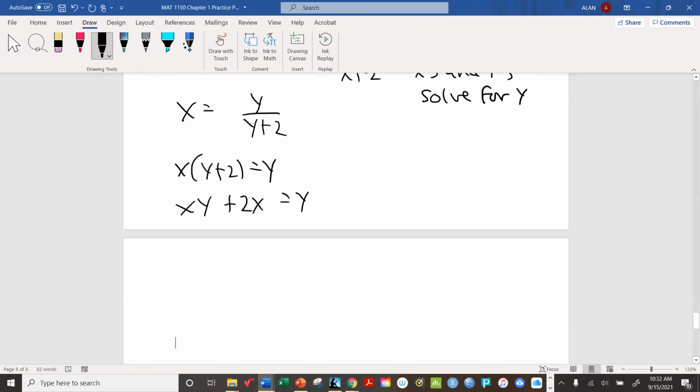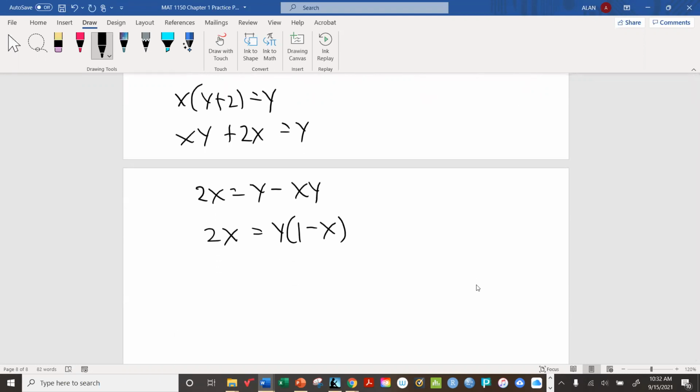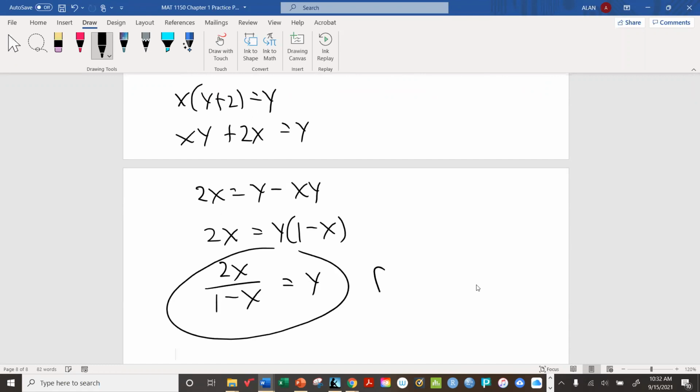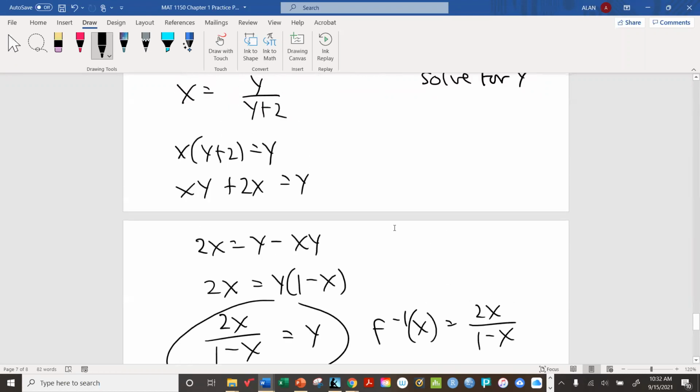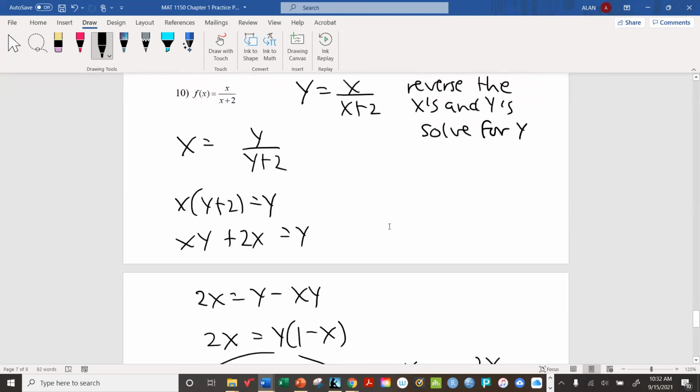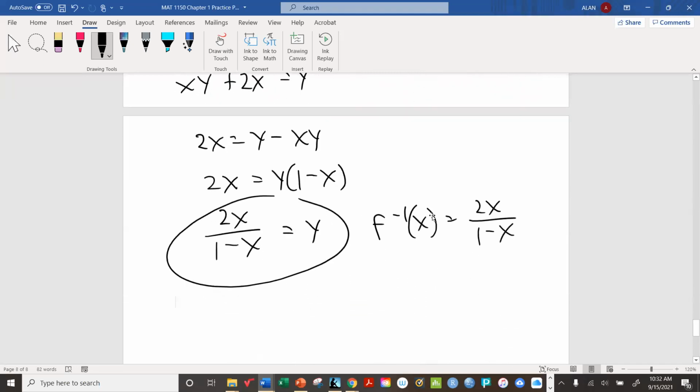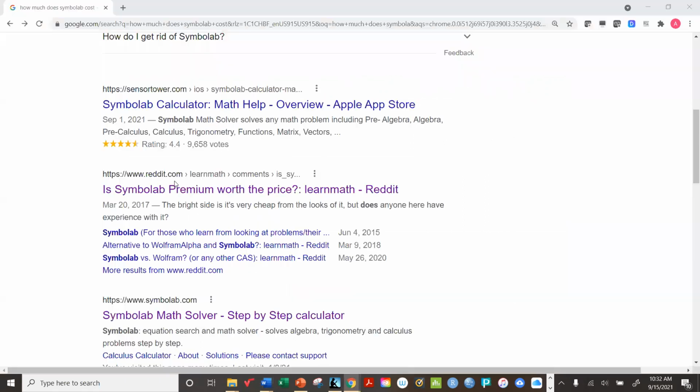So then what I'd like to do is get all the y's on the same side. So I subtract xy. Now I'm going to factor out that y, divide both sides by 1 minus x. And that should do it. Okay, so again, we'll confirm that with Symbolab. The function in question is x over x plus 2.